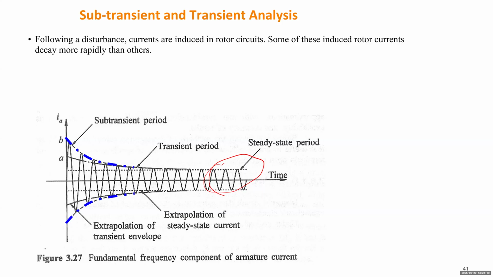For the sub-transient period, we can start from the initial value and draw an envelope that tells you the fast dynamic from the beginning, how it declines until the steady state condition. Sub-transient usually takes just a few cycles to decay. So if you want to capture sub-transient dynamic, you need to look into the first several cycles. So how long is one cycle?